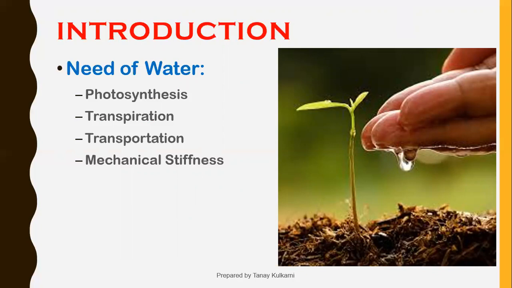Right? So who performs this function of absorption of water? Yes, definitely the root. But what is so special about the root? Why do we say that the ability of the root to draw water is more than any other part of the plant?